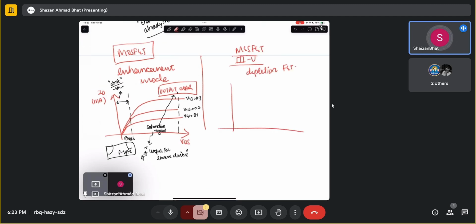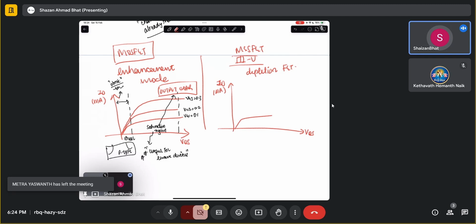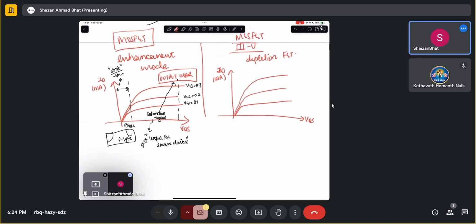In the depletion mode, the IV characteristic also looks similar. You have the ID, in some milliamps, and you have VDS, and you draw it something like this. The first one is for VG equals minus 2 volt, then VG equals minus 1 volt, then VG equals 0 volt.